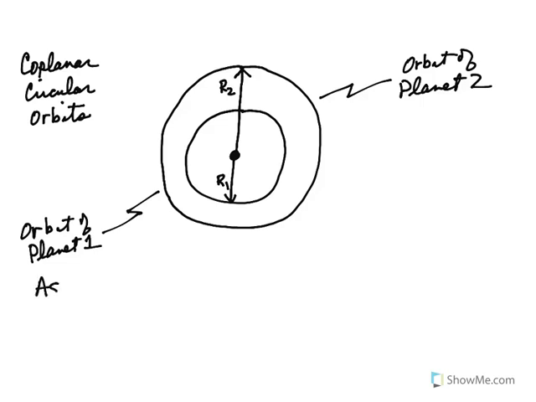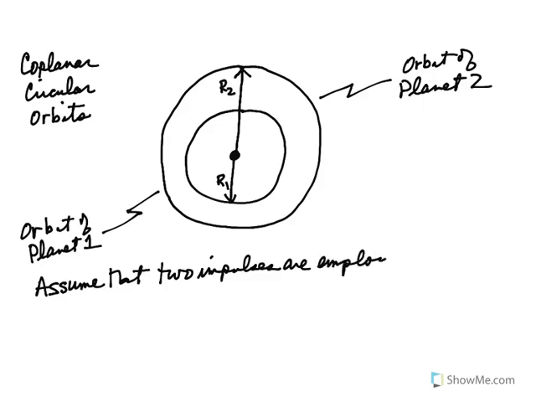So assume that two impulses are employed to accomplish the transfer between these orbits.